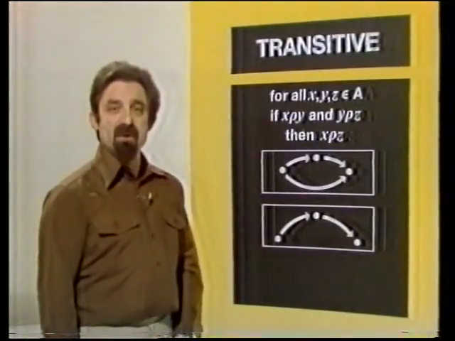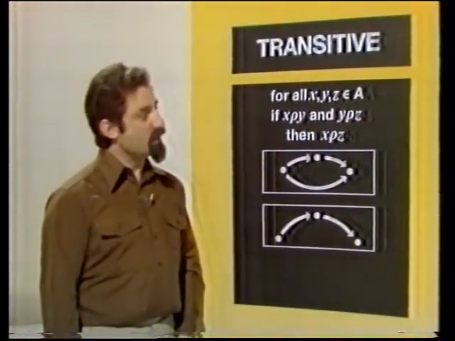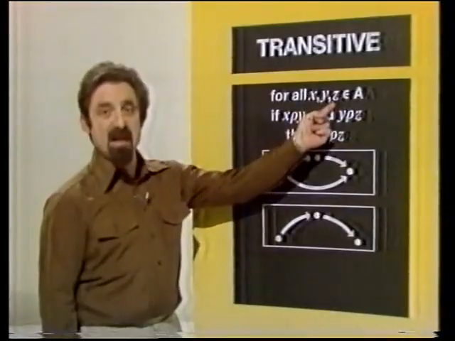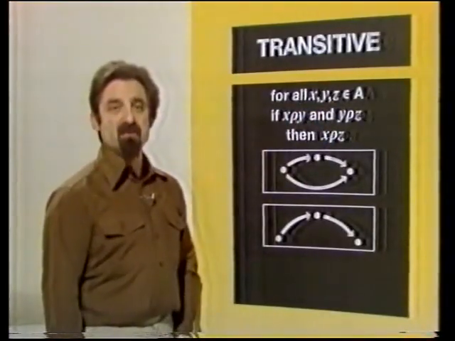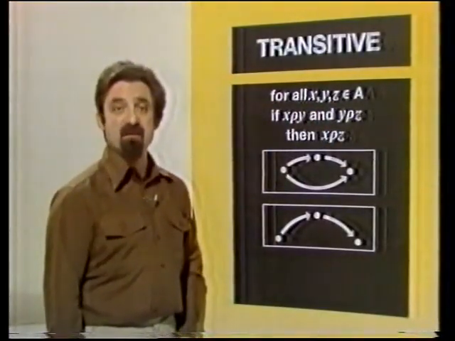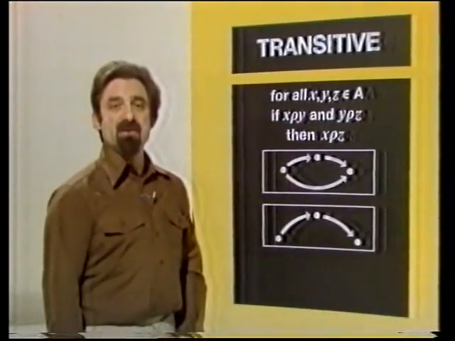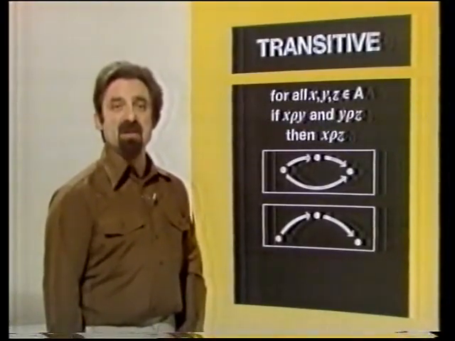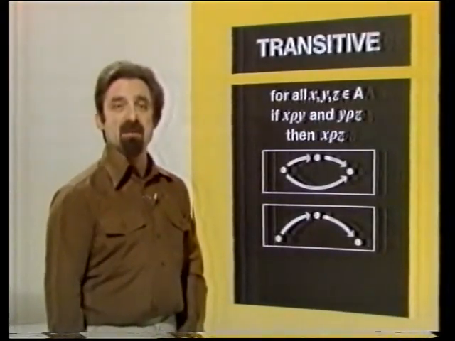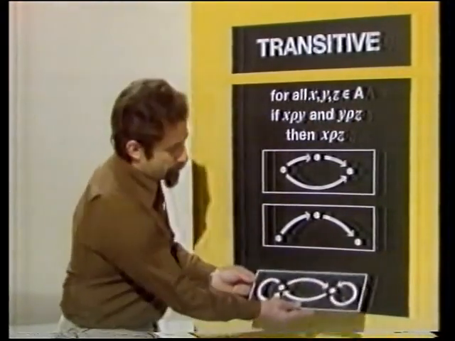Now, there's an important point about this definition. We've used 3 symbols, x, y, and z, because those elements might all be different, but they don't have to be. To show that the relation is transitive, you still have to check the definition in the cases when, say, 2 of these are equal.